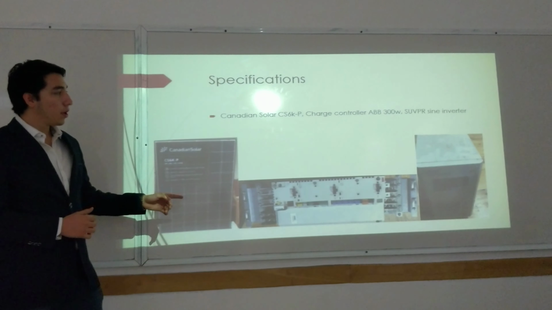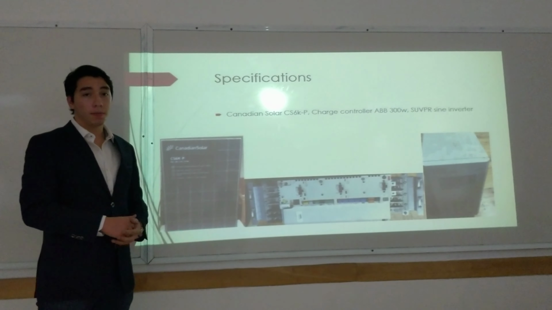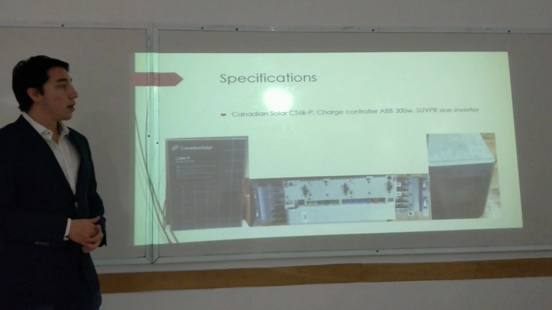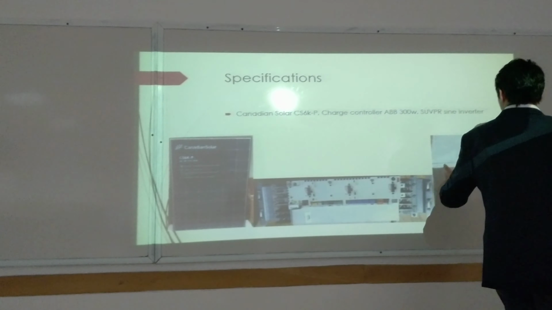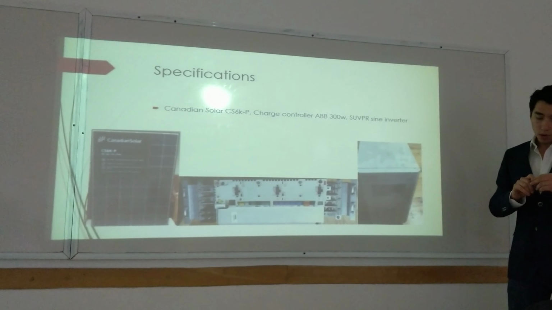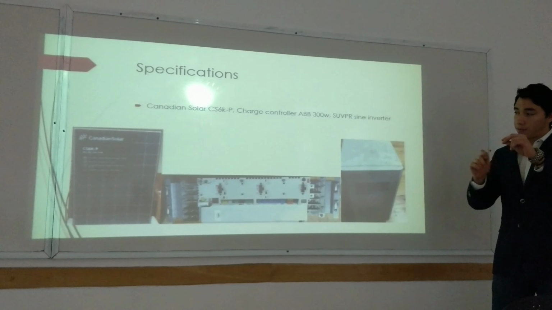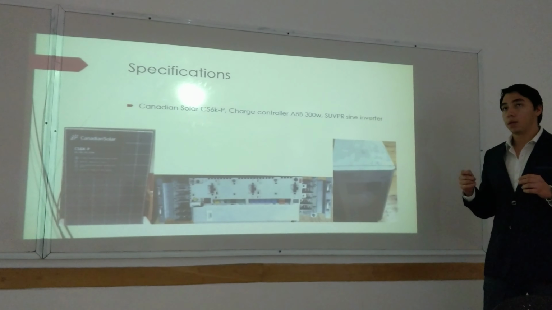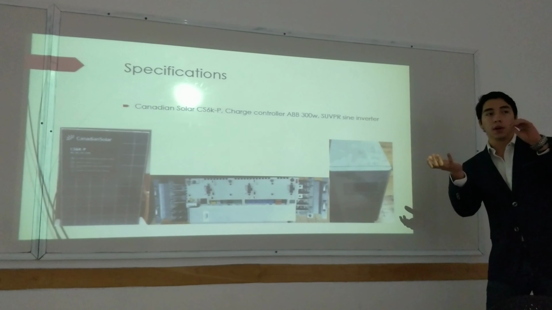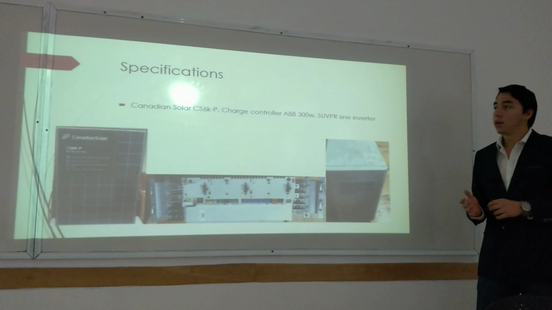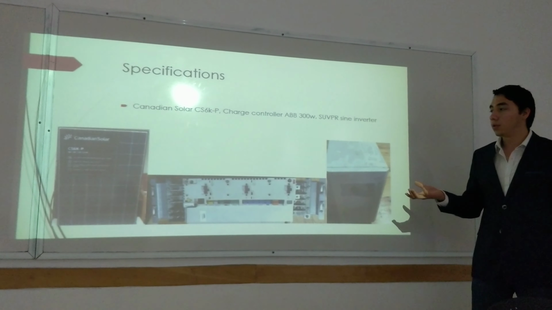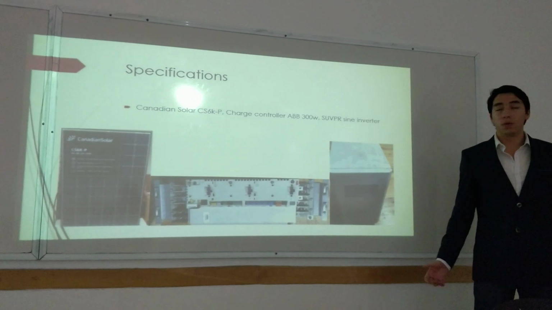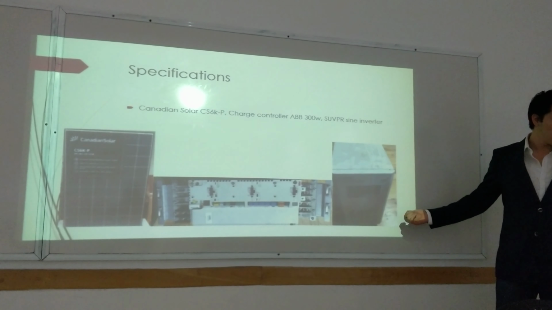Charge controller, ABB, that can support up to 300 watts, and a sine inverter, which is this. And what we did was just plug everything in and basically put it in the sun inside the offices, so I could see and learn how to properly use these kinds of systems.